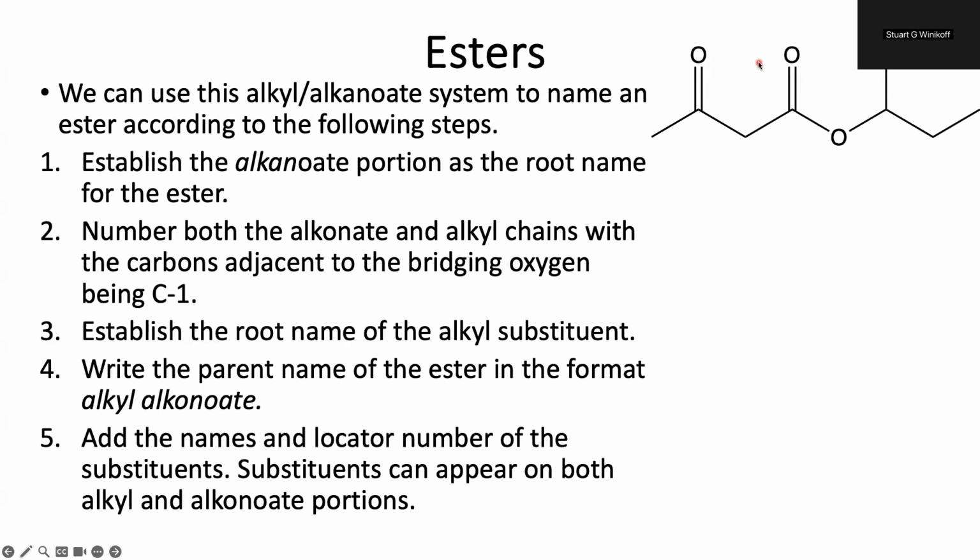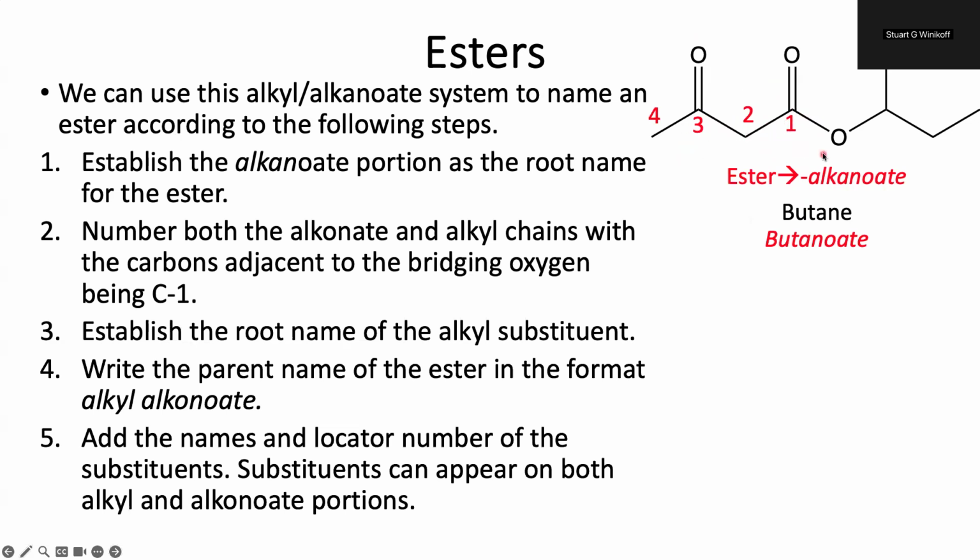So let's go ahead and go through our system. In this case, I have an ester, so I know I'm going to use that alkanoate. Now, my alkanoate is going to be on the left, and I have a 4-carbon chain, so I have a butane, meaning I have a butanoate. Now let's do the numbering. So again, numbering my butanoate, 1, 2, 3, 4.